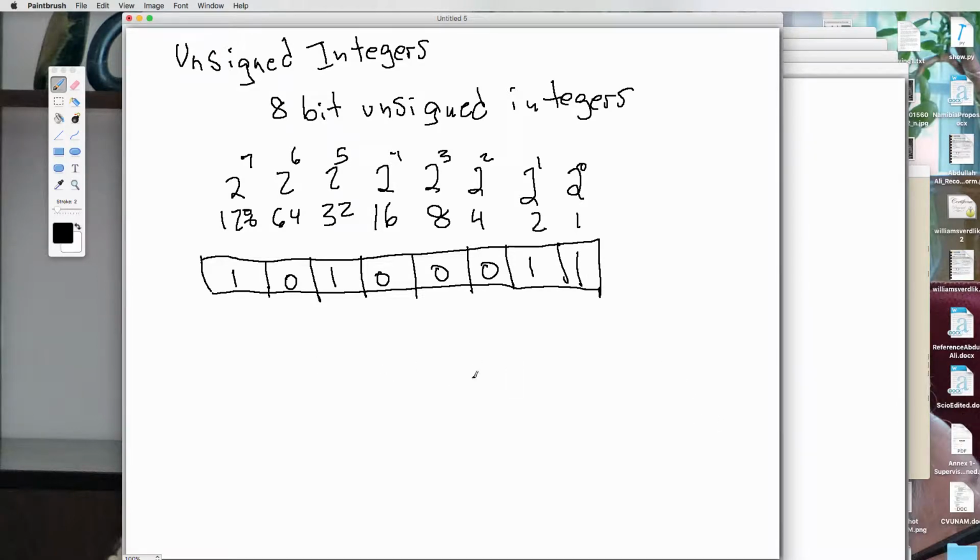Okay. What we do here is we just go, well, there's a 1 there. Over here, I see that there's a 2. There's no 4s, there's no 8s, there's no 16, there is a 32. There's no 64, there is a 128.